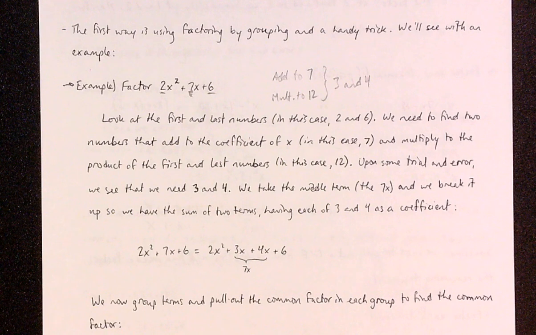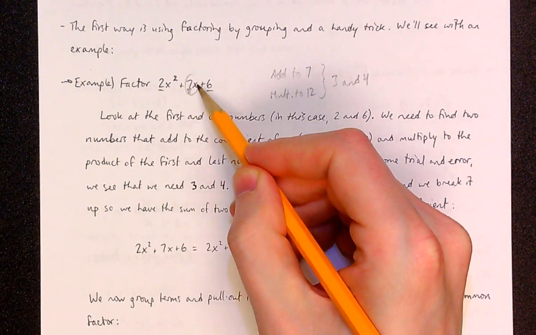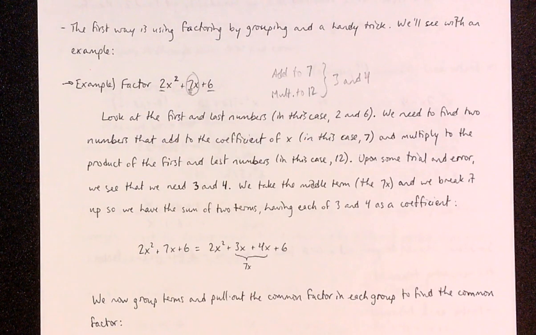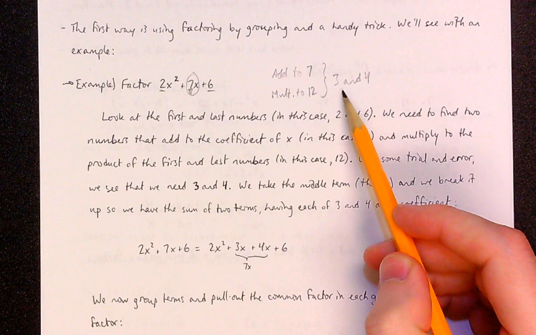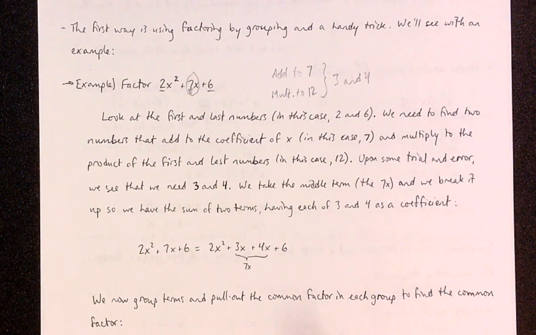So here's where the trick comes in. What we're going to do is take that middle term, the 7x, and break it up. We'll rewrite it as the sum of two things just containing x, where each term has the numbers we found as a coefficient.